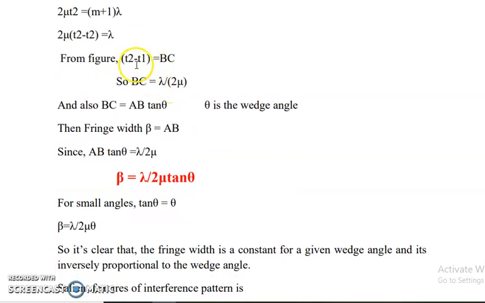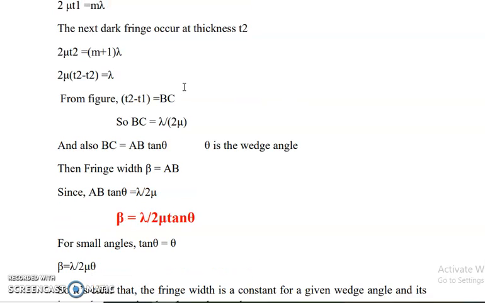So from the earlier equation BC will be equal to lambda divided by 2 mu, and also we have BC equal to AB tan theta. So we can equate: AB tan theta will be equal to lambda divided by 2 mu.